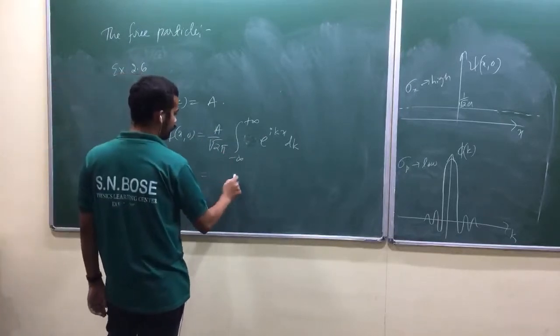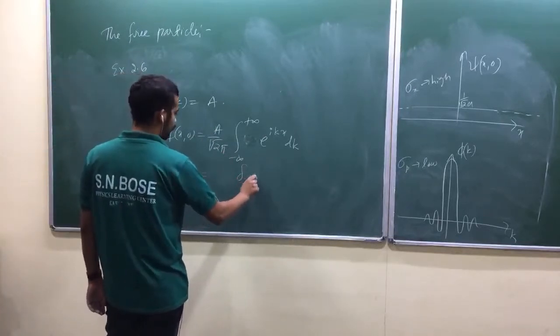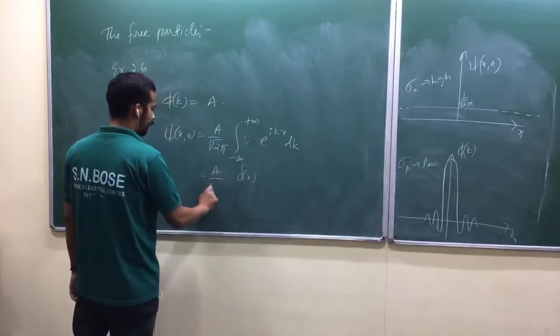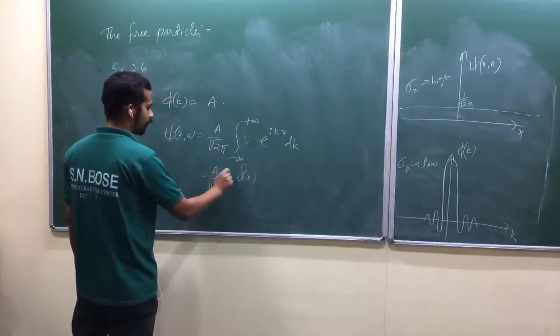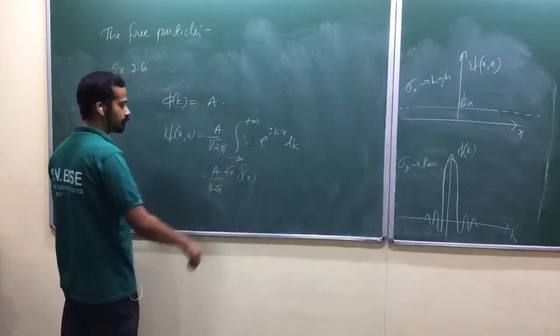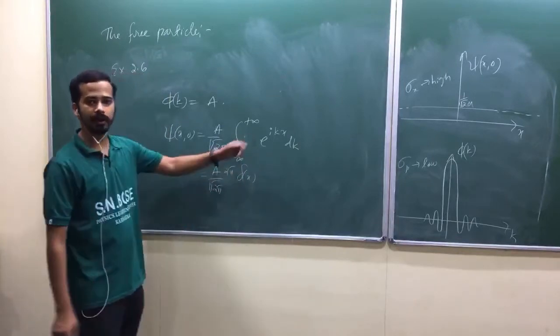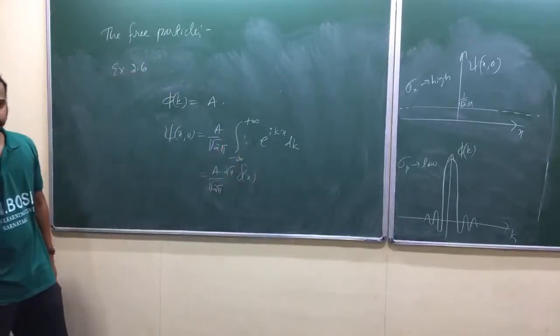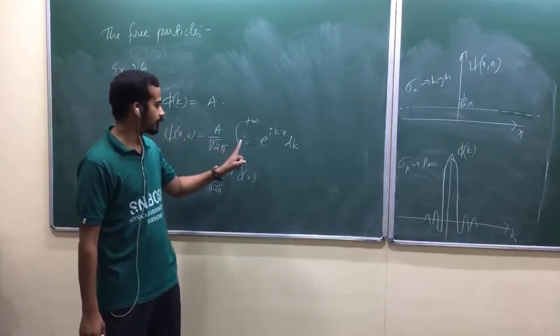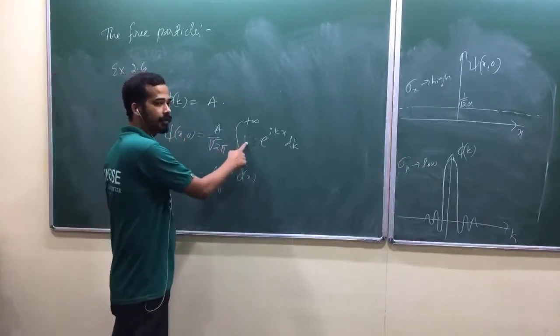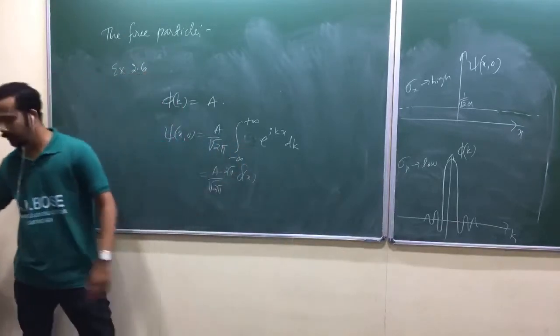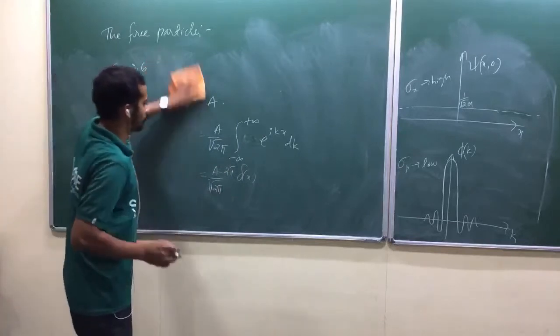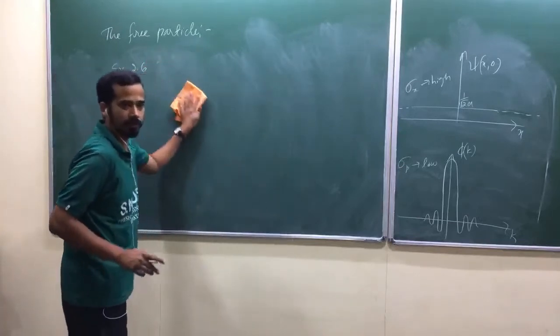This is Dirac delta actually. A by root 2 pi, multiply and divide by 2 pi actually. You need 1 by 2 pi here. This is Dirac delta. Or you can say like this: Fourier transform of a constant is Dirac delta. Can I say like this? Are you getting my point?